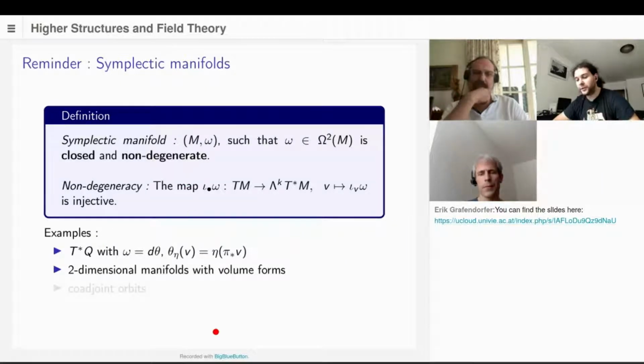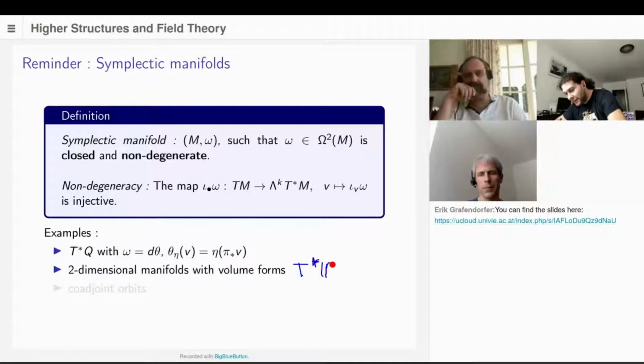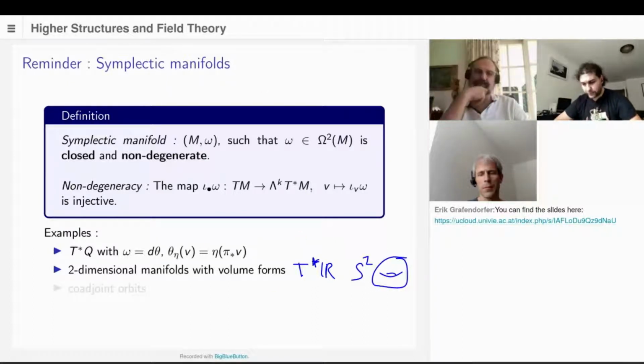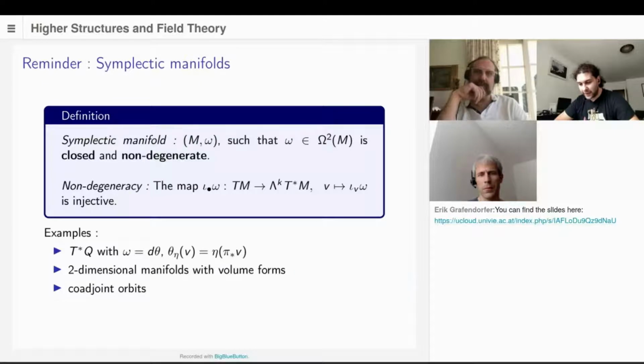Another example are 2-dimensional manifolds with volume forms, which of course includes T*R, but also something new happening: compact manifolds, which of course are never cotangent bundles, so S^2 or a torus. Most of those can be realized as another class of examples, being coadjoint orbits in a Lie algebra.